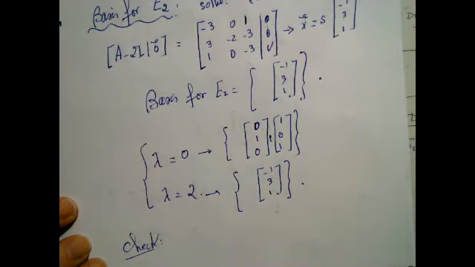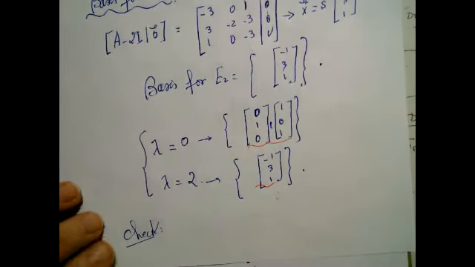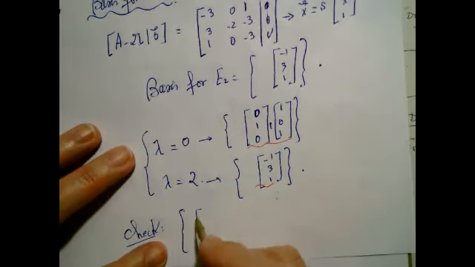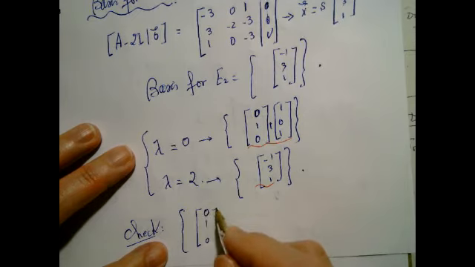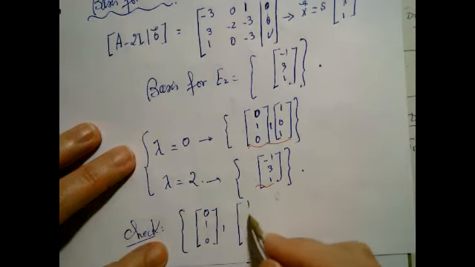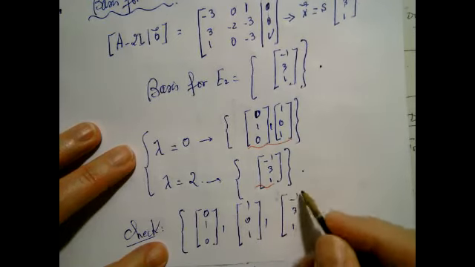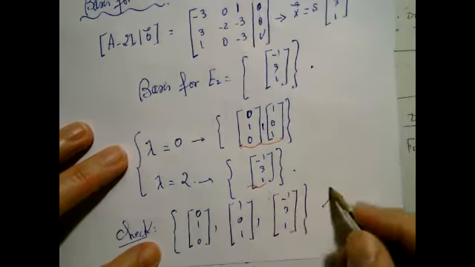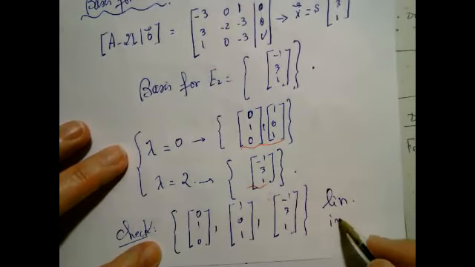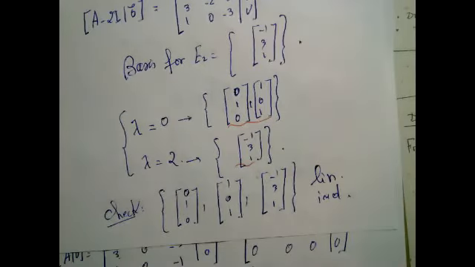Okay, so now we need to check that those 3 vectors are linearly independent. It's not very hard. So now we can check that 0, 1, 0 and 1, 0, 1, they're all eigenvectors. Those are linearly independent. Okay, it's actually easy to check that.